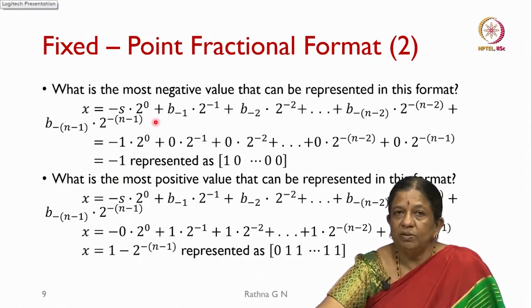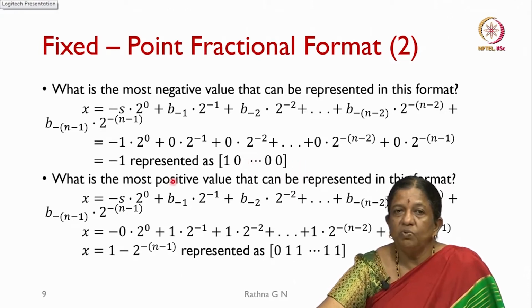First the most negative value, as we did for the integer format, we will see for the fractional format. The most negative number will be represented as s equal to 1, and the rest of them are going to be zeros, which is equivalent to minus 1, and this is represented as 1 followed by all zeros, which is 0x800 format.